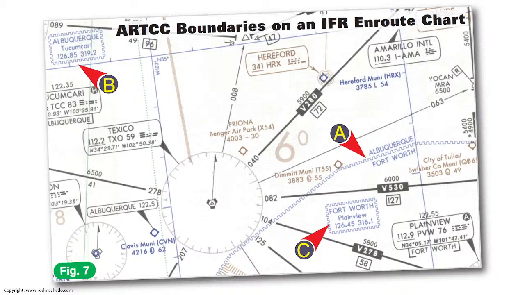That tells you the frequency for Albuquerque Center in that area. Tucumcari, that's a specific subsector, irrelevant to you. If something was going on and you were trying to get a hold of center, this is a way to find the center frequency. You would just call Albuquerque Center on 126.85.